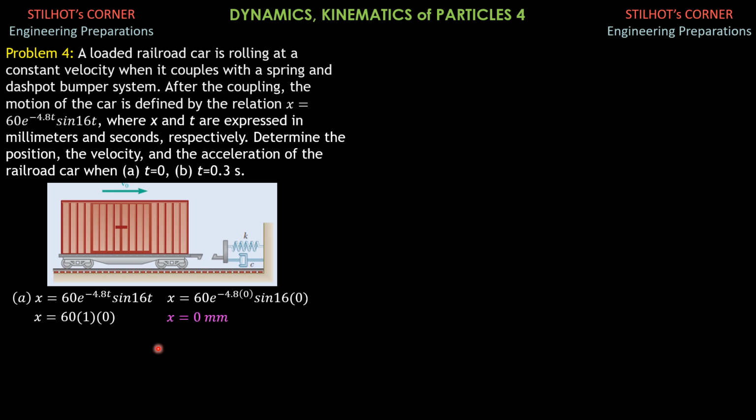For the velocity is derivative of position with respect to time, dx dt. And we have to factor out 60, and we have derivative of product, exponential, and sine. So 60 quantity e to the negative 4.8t times cosine of 16t times 16. Derivative of sine 16t is cosine 16t.